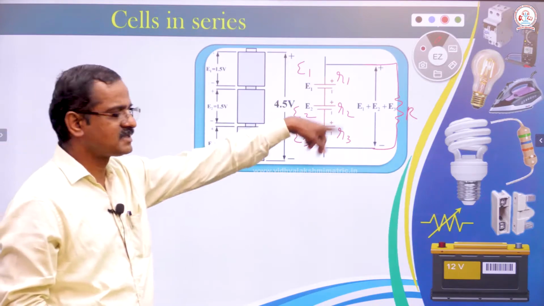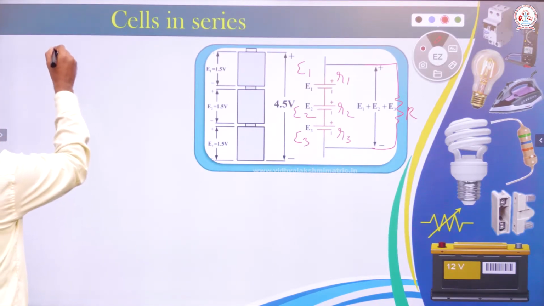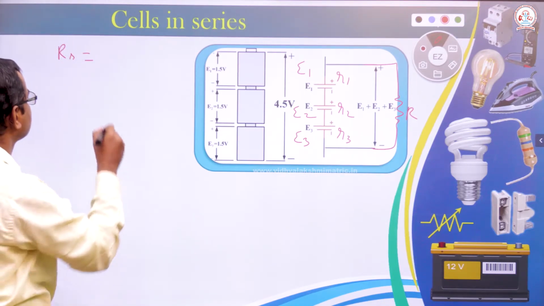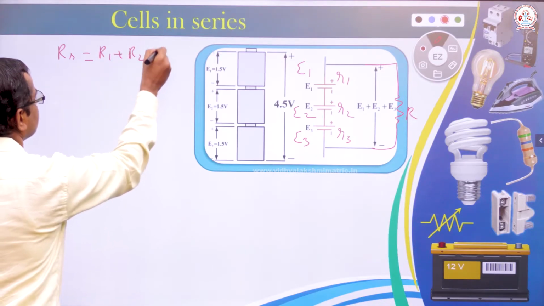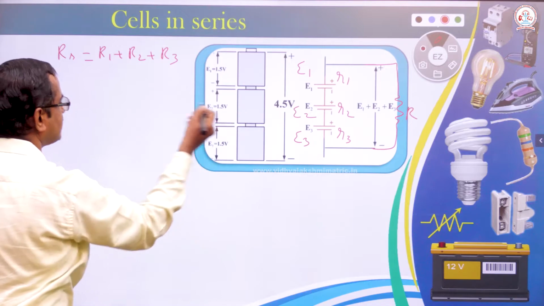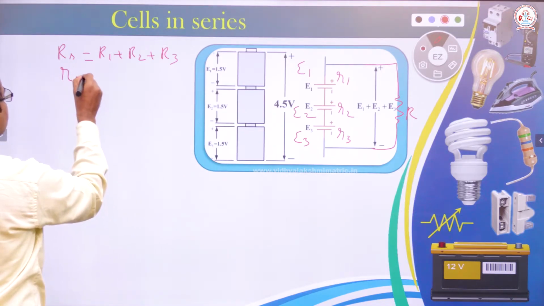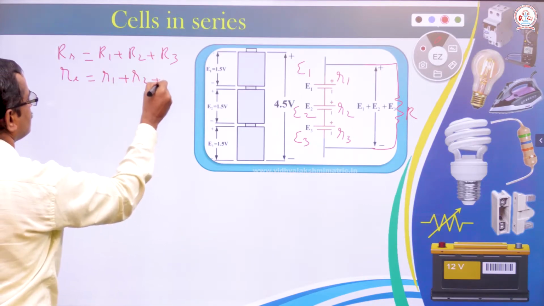Then for the effective resistance for the batteries, we know that when resistors are connected in series, R sub x is equal to R1 plus R2 plus R3. If we apply this there, the effective internal resistance for the batteries is equal to r1 plus r2 plus r3.